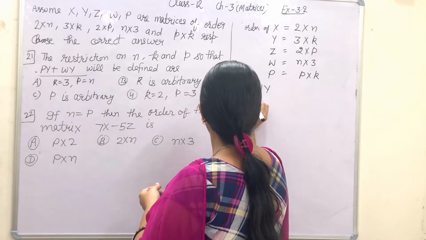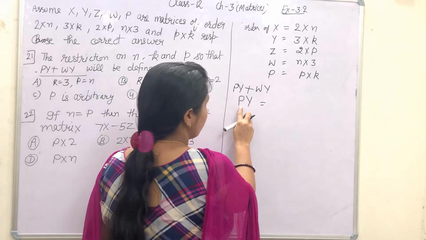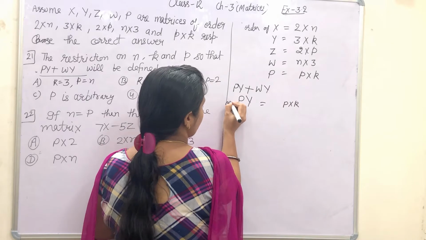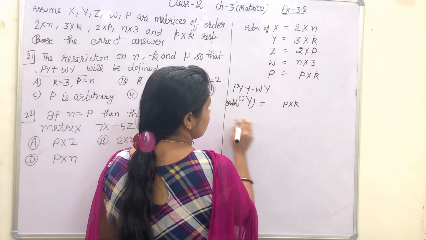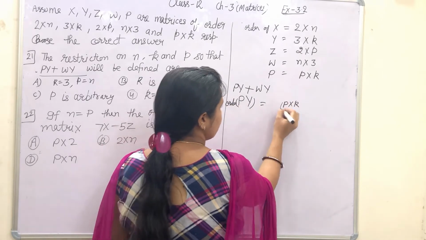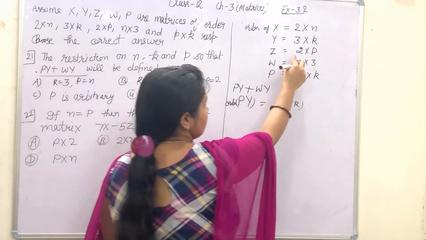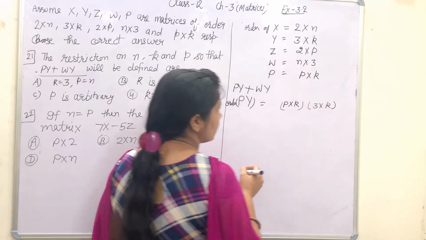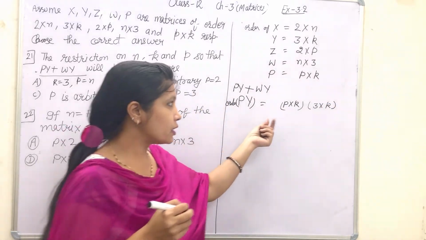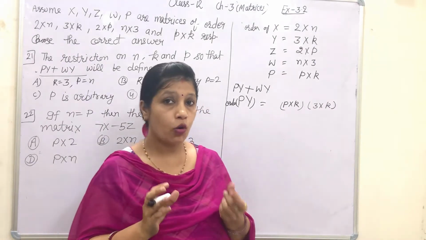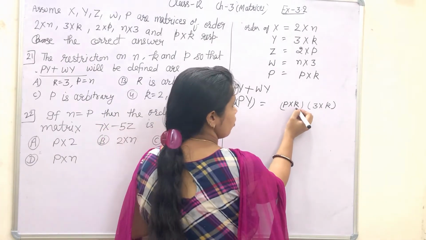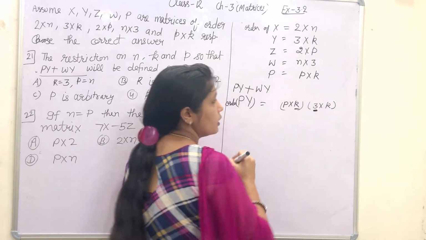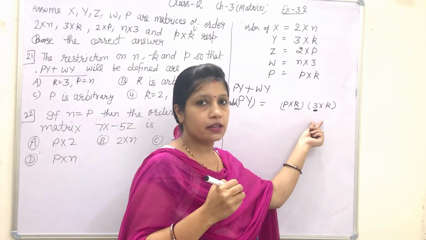First we solve py. The order of p is p cross k. Order of py. P cross k for p and for y the order of y is 3 cross k. You know that the matrix multiplication is possible only when the column of the first matrix equals the row of the second matrix.